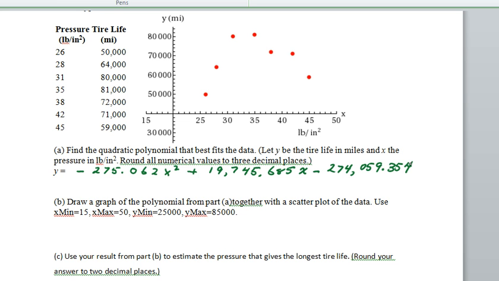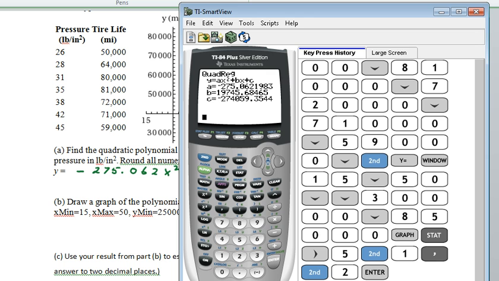Then going back to the graphing calculator, in order to draw, we're going to go back to y equals, and beside y1, we're going to enter ax squared plus bx plus c, and we're going to get the a, b, and c that were stored from the quadratic regression equation in vars.